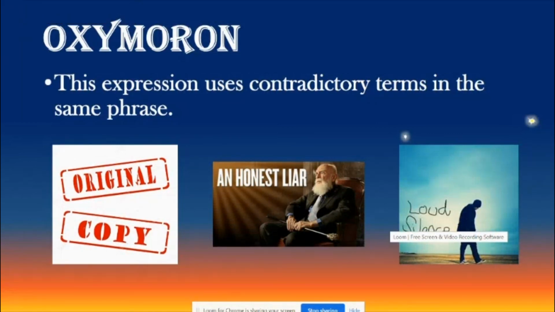You already said that it's a copy, yet you said it's original. An honest liar. You said it's a liar, but you're telling them that the liar is honest. And loud silence. The word oxymoron is actually an oxymoron in itself, because the word oxy means something smart and moron means someone or something idiotic or stupid.